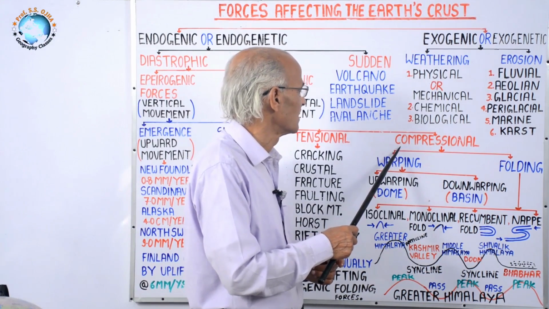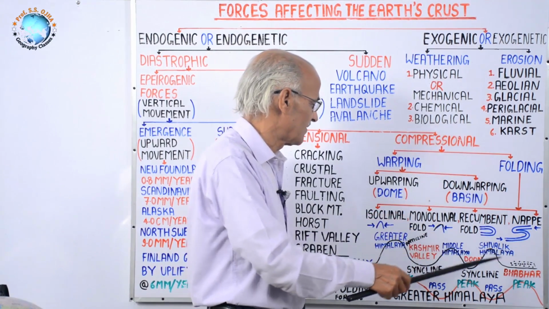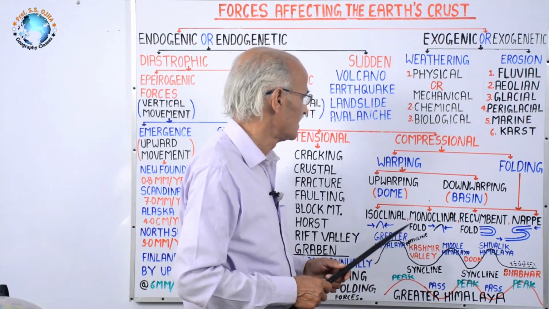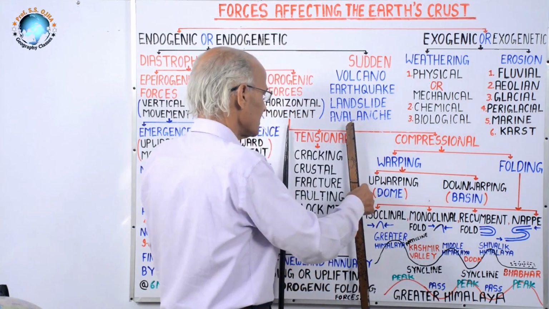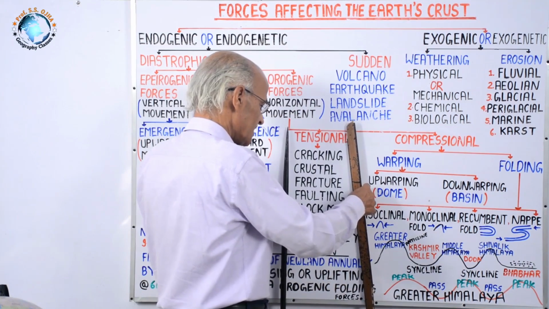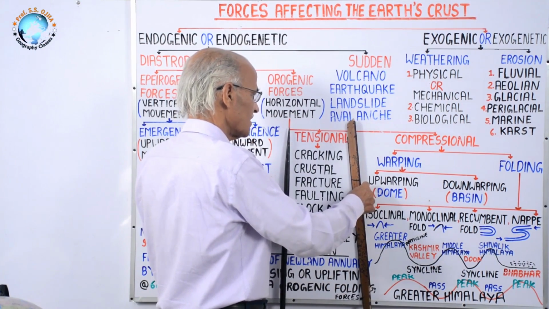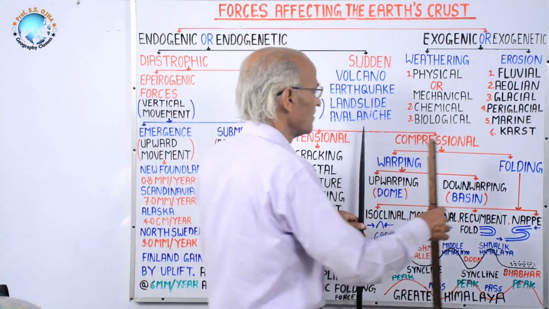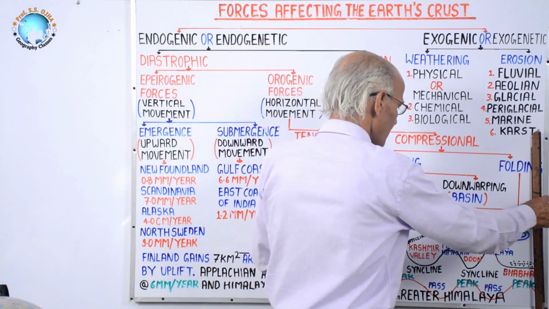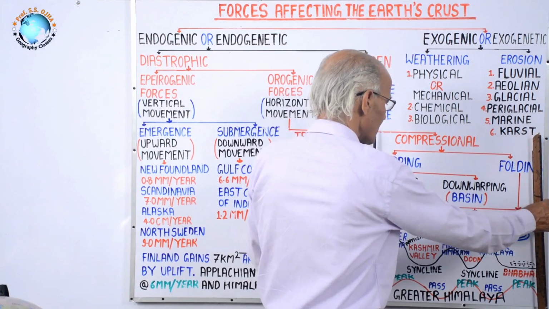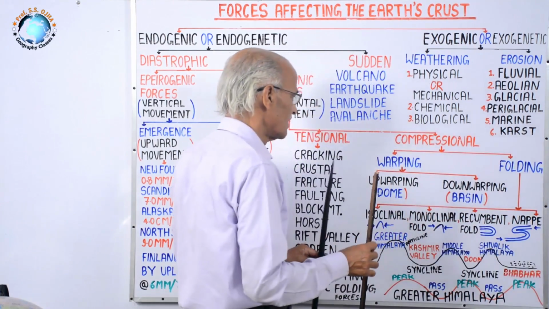Due to compressional force, a number of landforms are developed. This tensional force may be asked separately, where you will write a short answer, and this compressional force may be asked separately, where this much matter you should write.